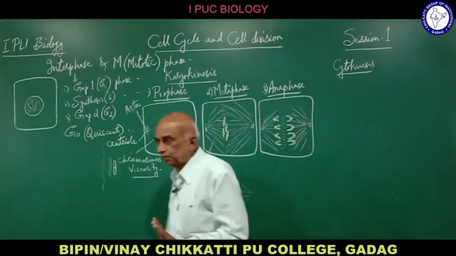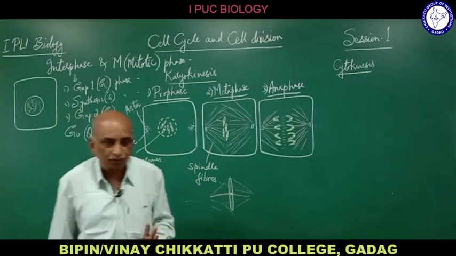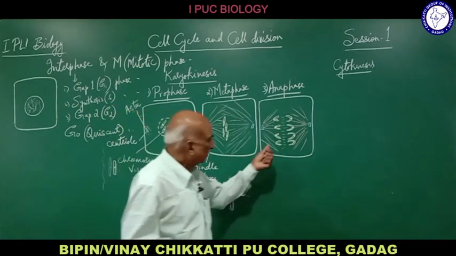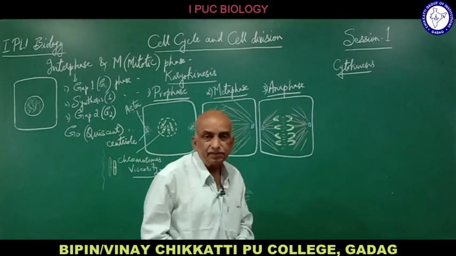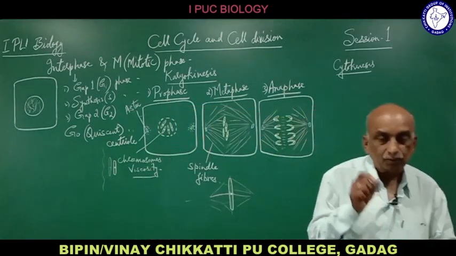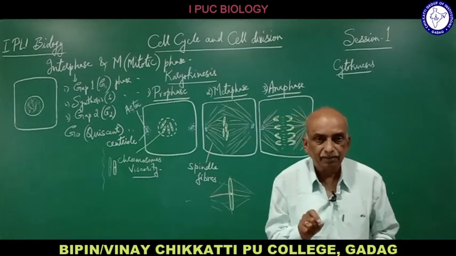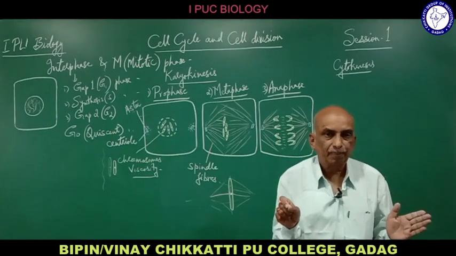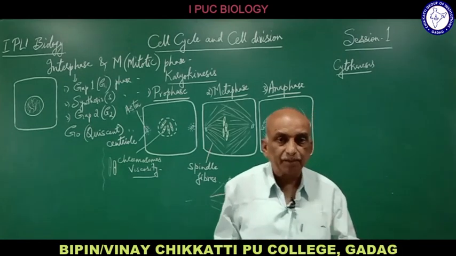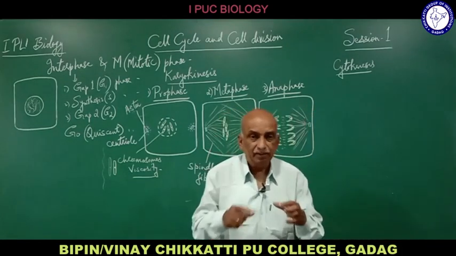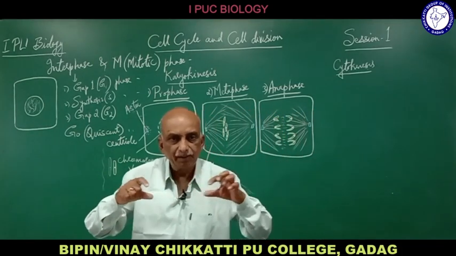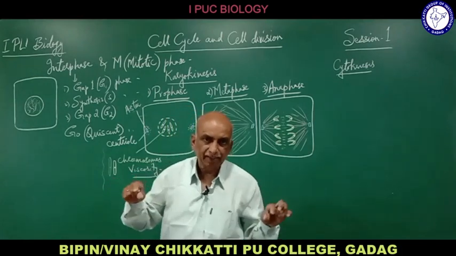These chromosomes, in two equal groups, move towards the opposite ends, and this stage is called anaphase. In anaphase, the chromosomes which were in the equatorial plane split into two, so that the existing number of chromosomes becomes double, and each chromosome segment moves away from the equatorial plane in opposite directions.